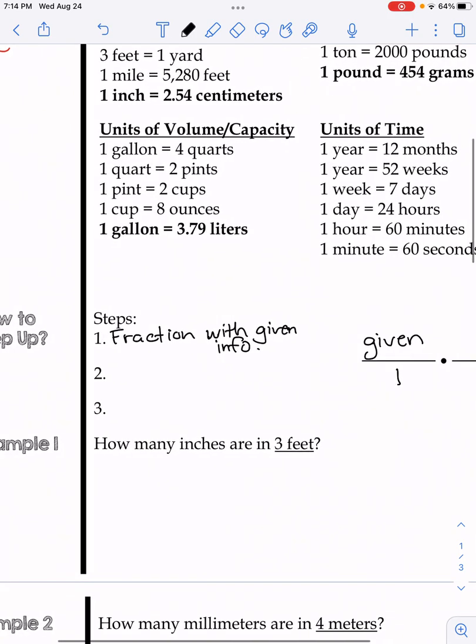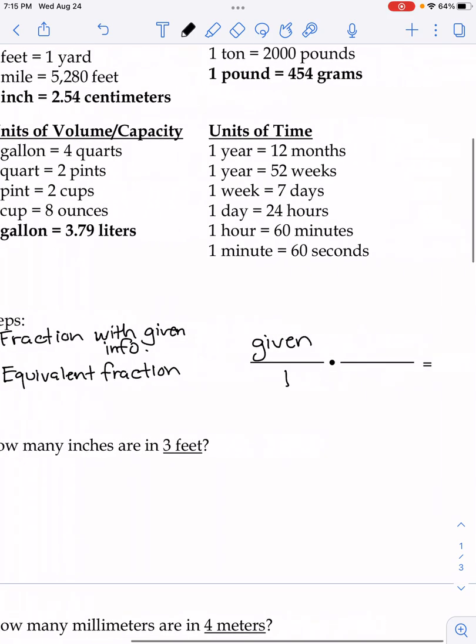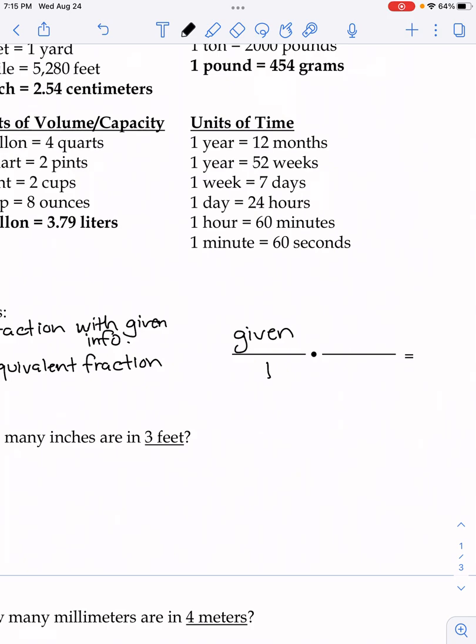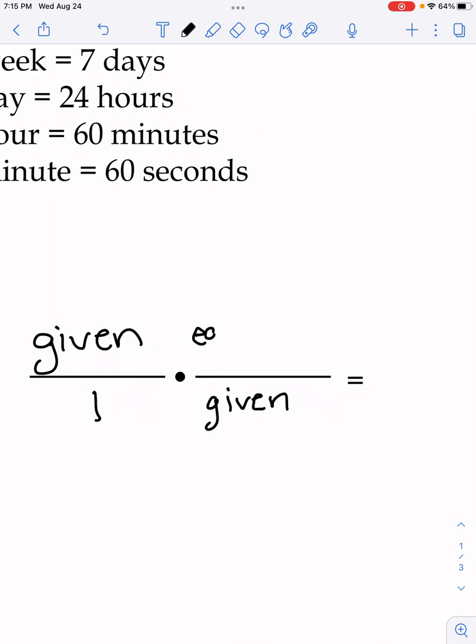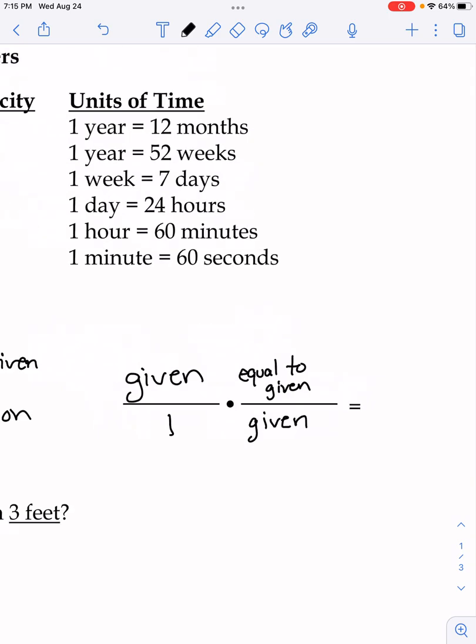Now, these other fractions that we set up, we're going to set up equivalent fractions. We're going to see this more concretely in the examples. You're going to have something equivalent to the given, and then above it, it's going to sound somewhat unusual, but we're going to say it's equal to the given.